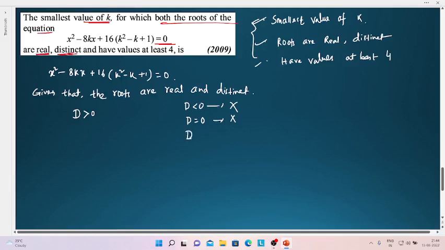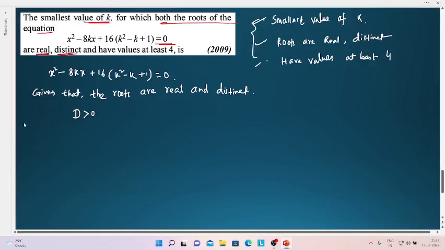If D is greater than 0, then roots are real and they are distinct, so we have to take the third one, which is D greater than 0, right? So you can understand. Okay, so let me erase that part.